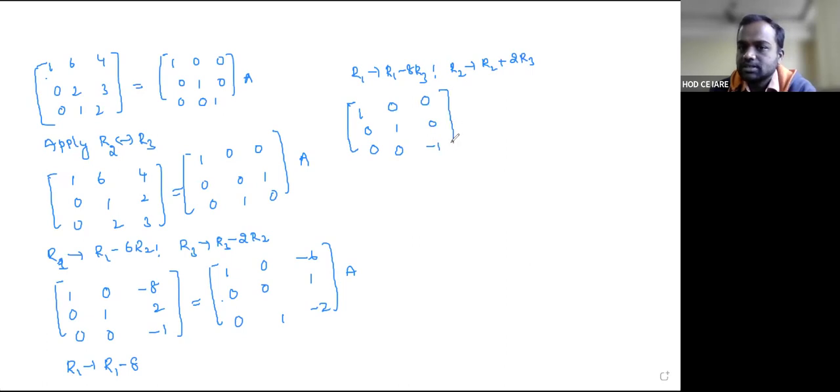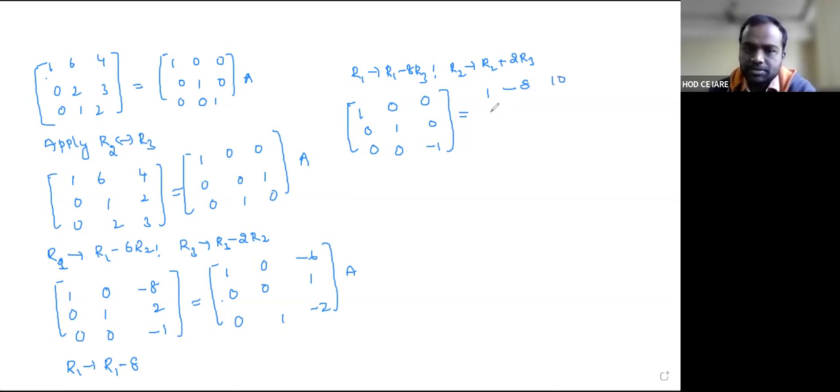Next, the same application on this side. R1 minus 8 R3 is equal to 1 minus 0 is 1, 0, 0 minus 8 is minus 8. Next, minus 6 plus 16 is 10.